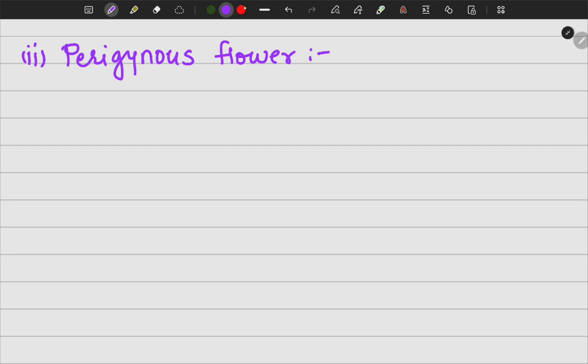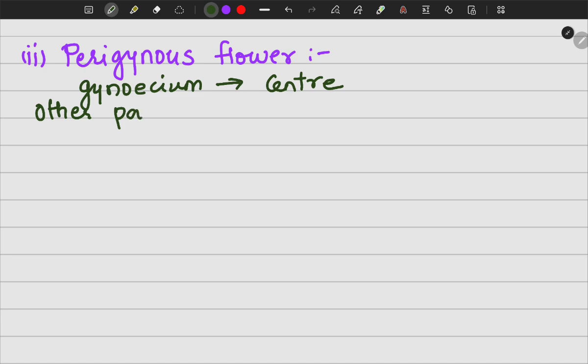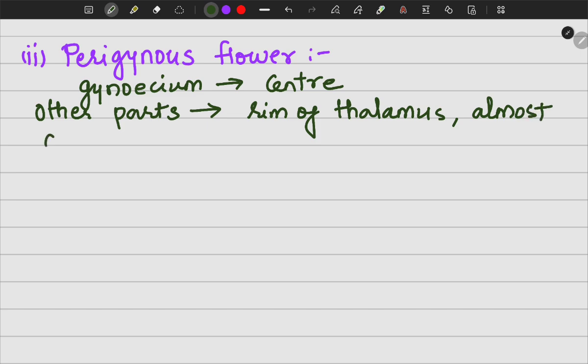The gynoecium will be situated at the center, while the other parts will be developed at the rim of the thalamus and almost at the same level with gynoecium, same level as of gynoecium.